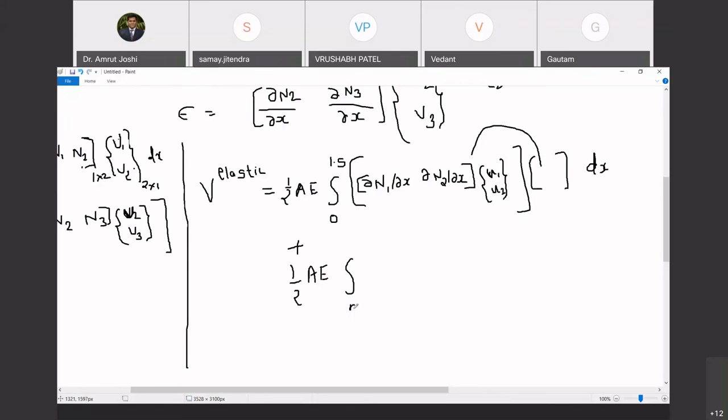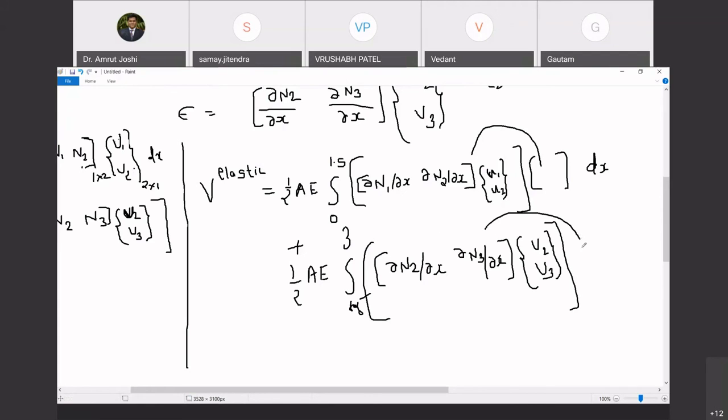integration 1.5 to 3 of [∂N2/∂X, ∂N3/∂X] times [U2, U3], and then you are going to have the same quantity once again, dx.